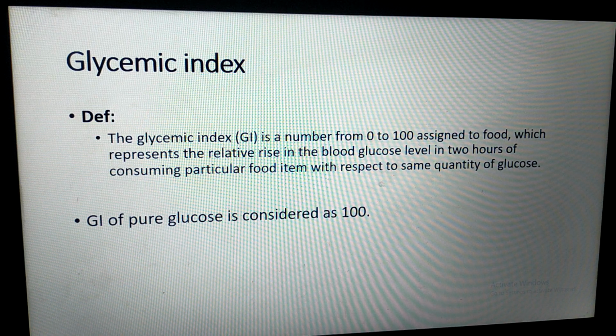It is directly absorbed, no digestion is required, so it will give rise to the highest peak of rise in blood sugar level among the foods. So for this purpose, the glycemic index of glucose is considered as 100 and it is called the reference meal.